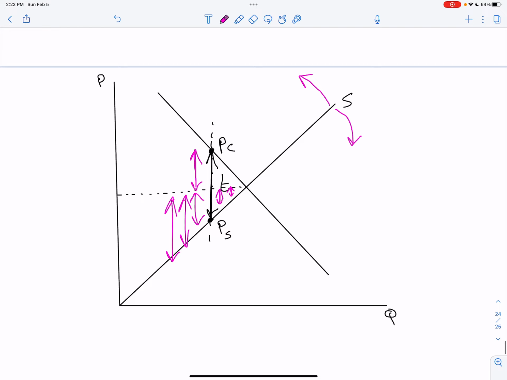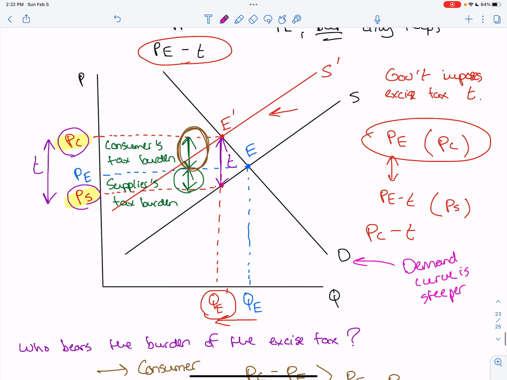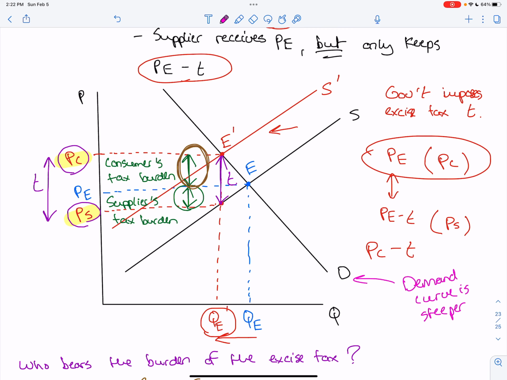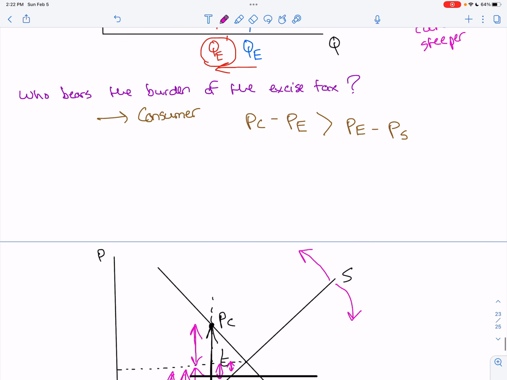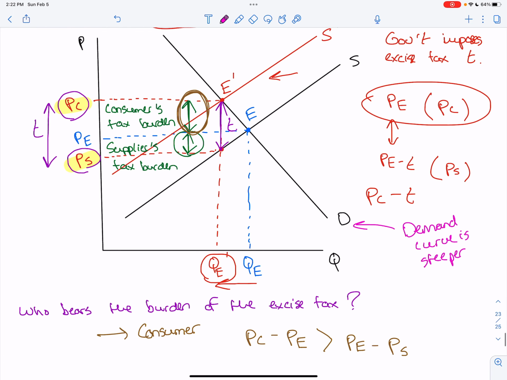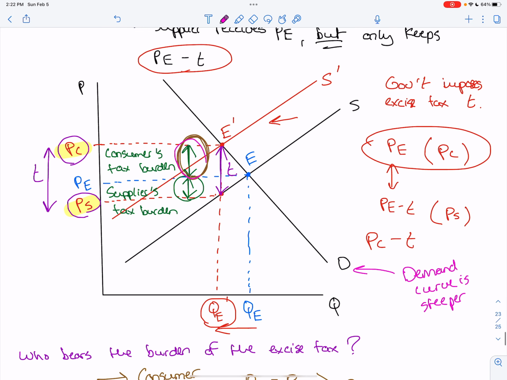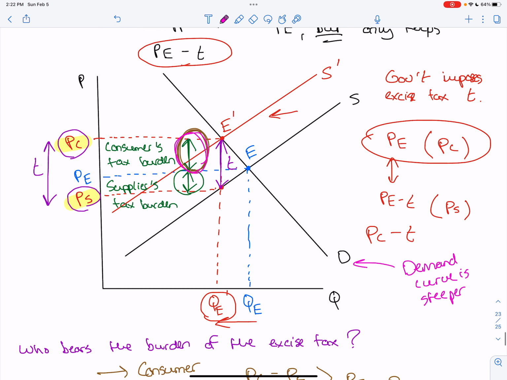In our case, we know that the demand curve is steeper because this gap here is bigger. So what have we learned about the relationship between the steepness of the curve and elasticity? We've learned that the steeper the curve, the less elastic is either demand or supply.